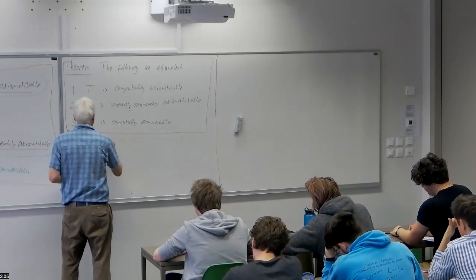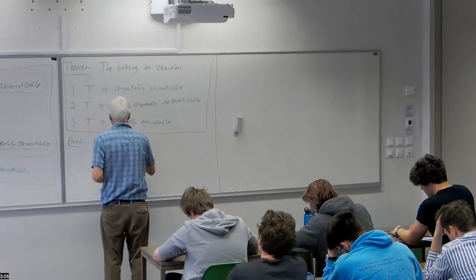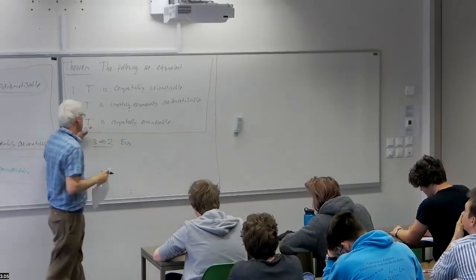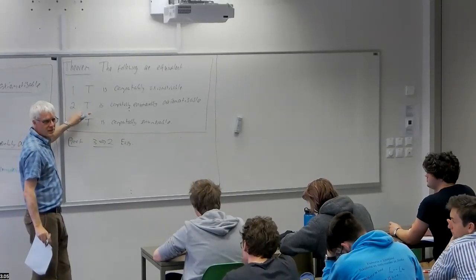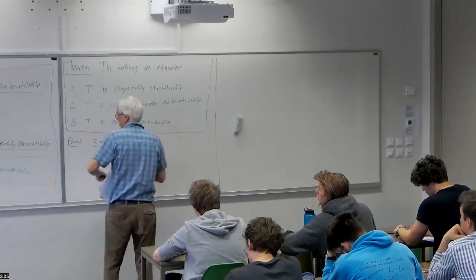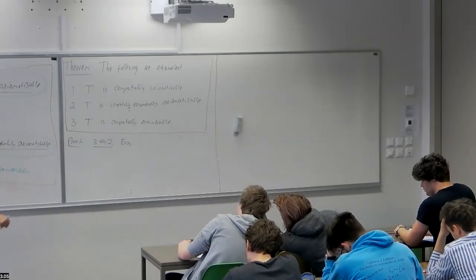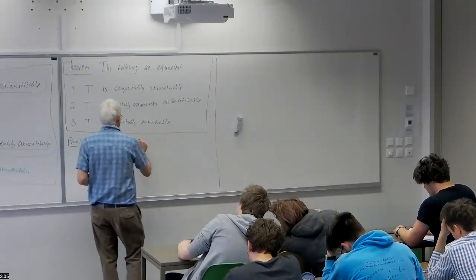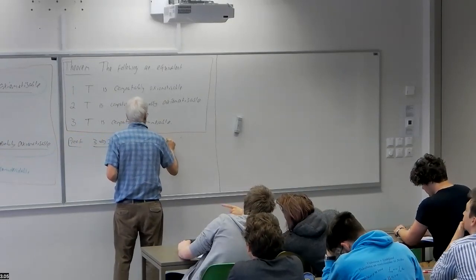So firstly, 3 implies 2 is easy, because if T is computably enumerable, you can just simply take T as an axiomatization of itself. T is a theory, so we close it under consequences. Its consequences are exactly T. Easy, take T as its own axiomatization.